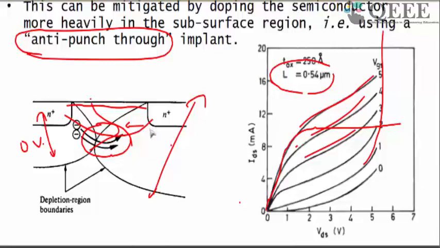You don't want the drain coming and talking to the source subsurface, but you don't want a very high concentration at the surface. Suppose I dope my entire substrate heavily, because my main worry was anti-punch through. What's the issue? There are a couple of issues.